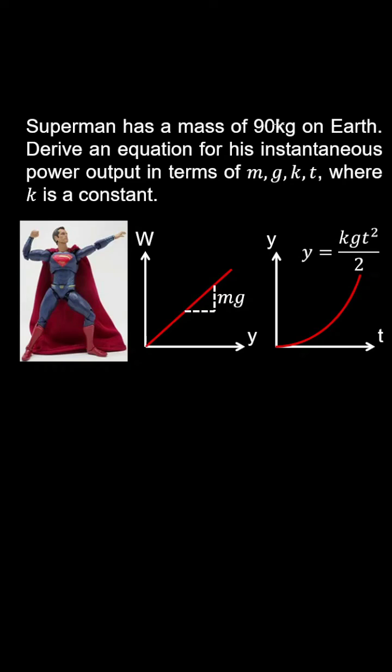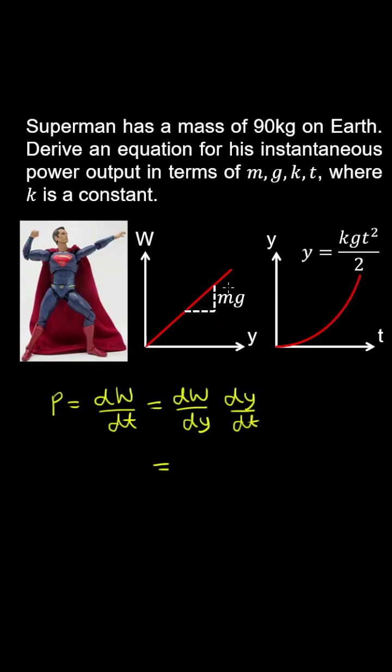Superman has a mass of 90 kilograms on Earth. Derive an equation for his instantaneous power output in terms of the following variables. We'll recall that the instantaneous power is the rate of change of work with respect to time. So by the chain rule, we can write this as the rate of change of work with respect to the y coordinate times dy/dt. And we can recognize that dy/dt is a velocity.